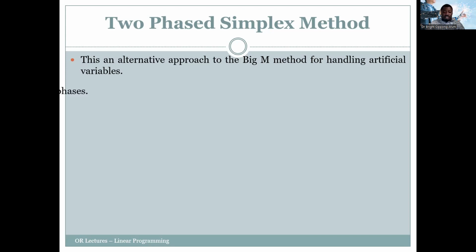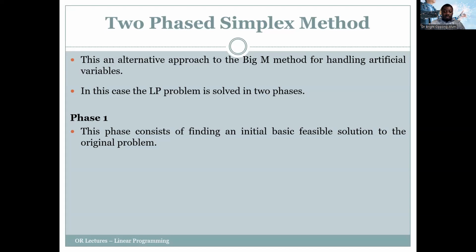However, in this case, the linear programming problem is solved in two phases. In the first phase, we will find an initial basic feasible solution to the original problem, and when that is found, it will result in the removal of the artificial variables.